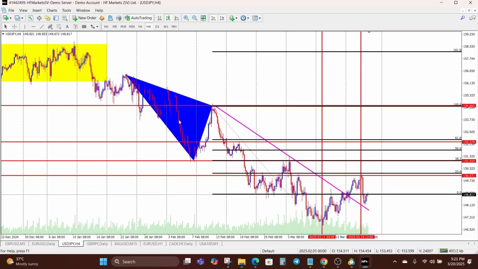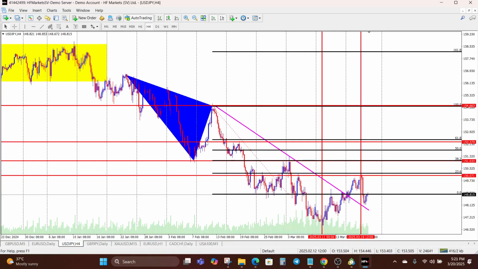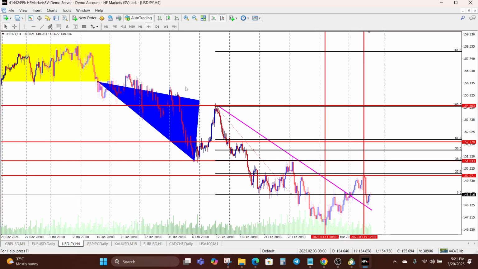If you want to identify a rectangular pattern, you can use the rectangle. If you want to identify a triangular pattern, you can use the triangle.